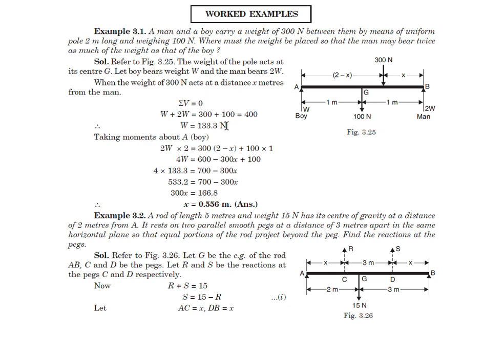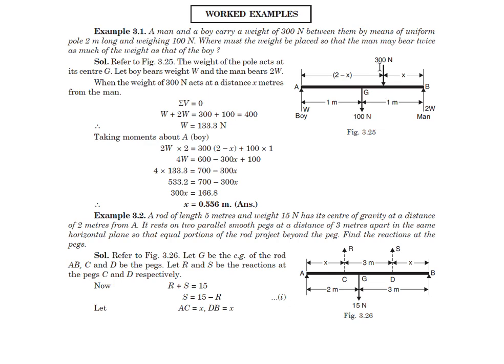Now we can find out the moment of all these forces about any point on this pole. Let us take point A for calculating the moments. So the moment of this 100 Newton force will be 100 into 1 acting clockwise.